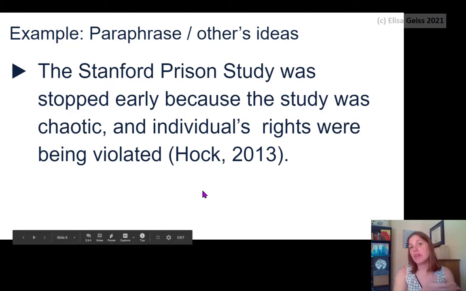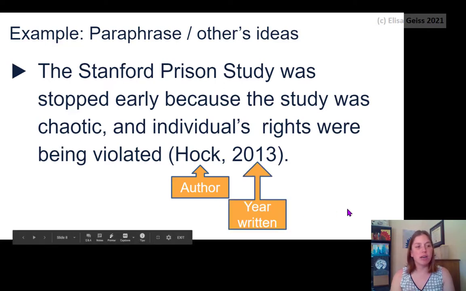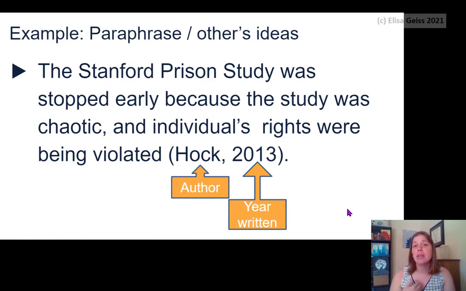So I read from this Hawk book, and I did a summary and said the Stanford prison study was stopped early because the study was chaotic and individuals' rights were being violated, right? So it's not my original idea, so I cited it. I am still using the author and the year written. I don't have a page number. I don't have direct quotes because now it's written in my own words.